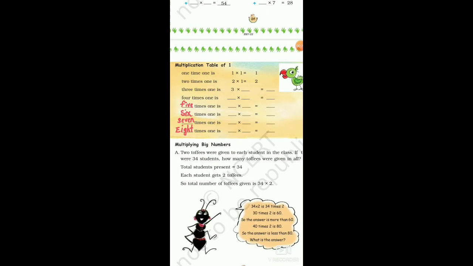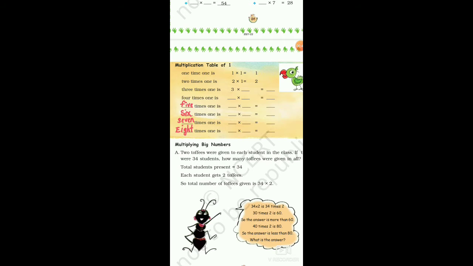As you can see, multiplication table of 1 is given here. You have to write the proper number in the given blanks. Okay students, here in words I am going to read these tables. You can write in words like this.